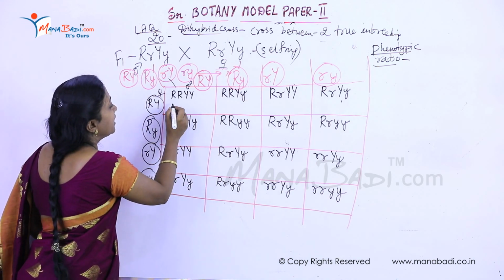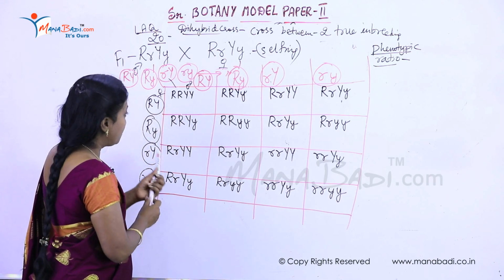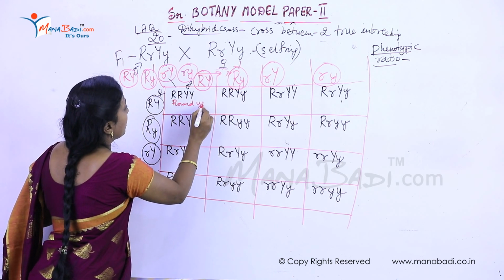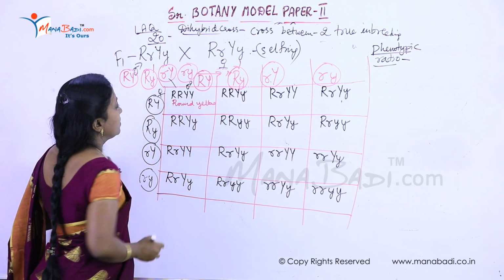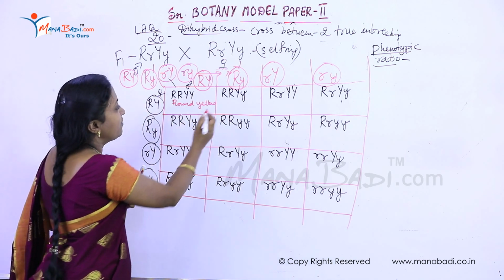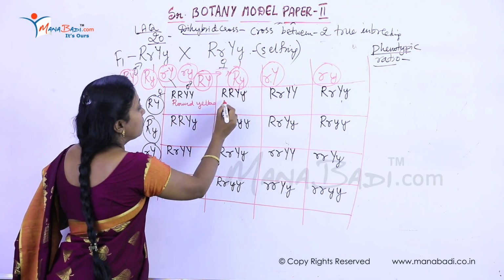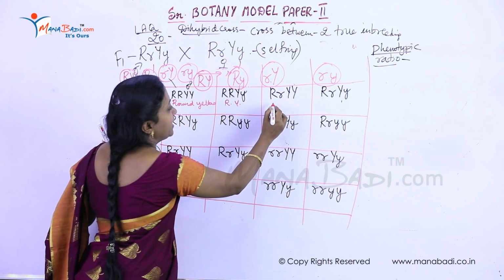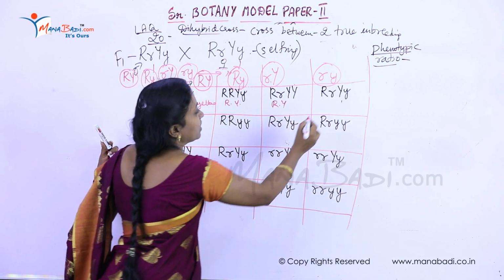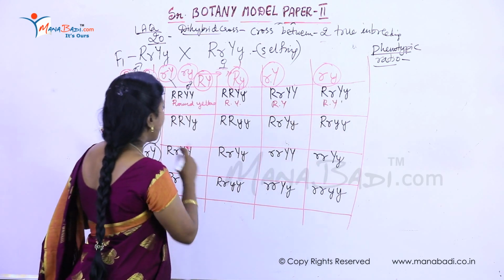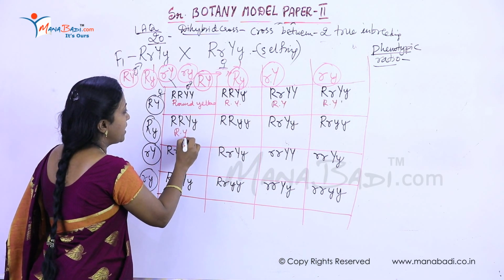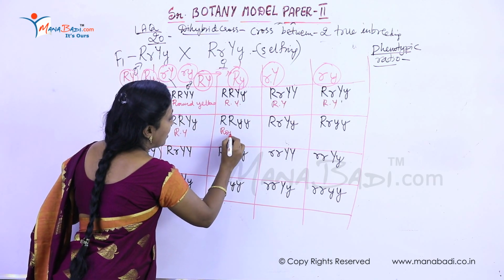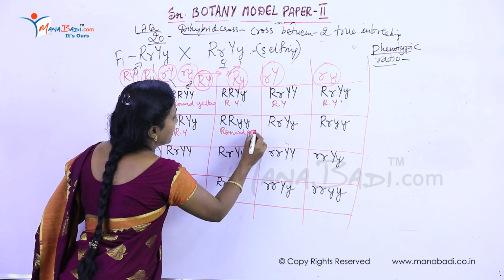So the phenotype is round yellow, and here also it is round yellow. Then over here it is also round yellow, and coming to the next row, here also it is round and yellow, but here it is round and green.